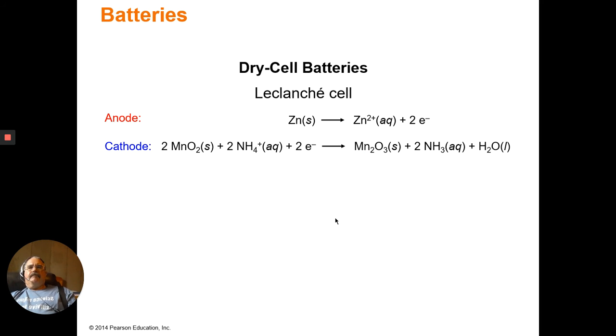Okay, here's the reactions that take place in a dry cell battery. I don't necessarily expect you to remember this particular reaction, but this is about 1.5 volts.